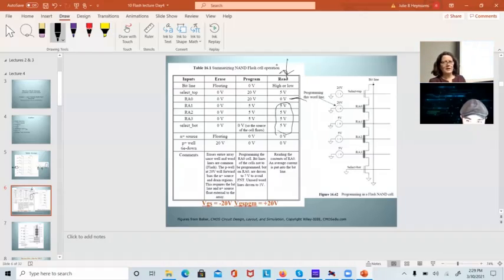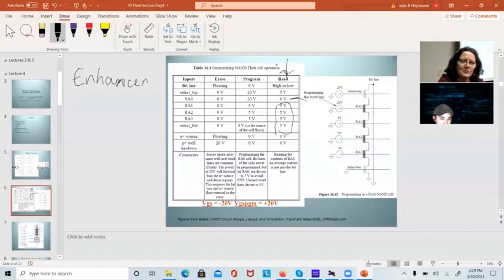And we don't talk about them a lot because people don't use them as much as they once used to. But you may come across these terms when you're working in industry. When I say enhancement mode NMOS, all that term means is V threshold is positive.